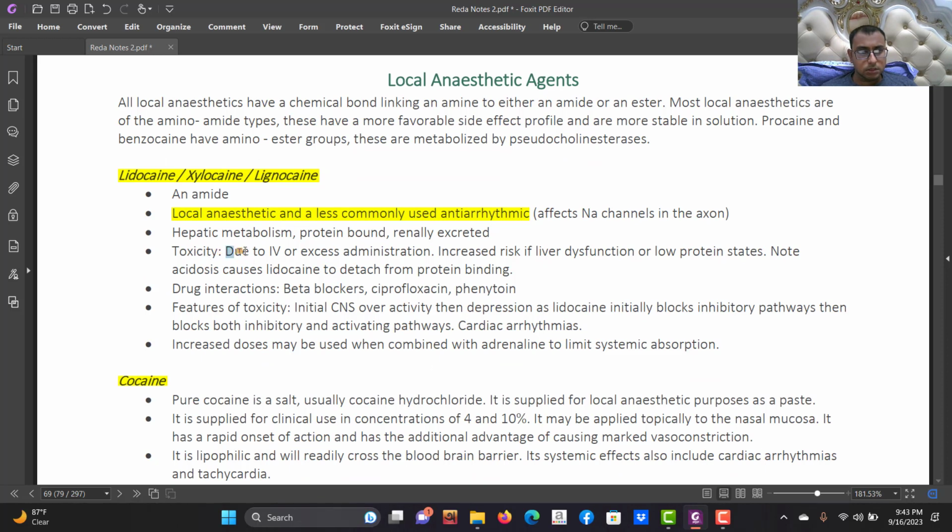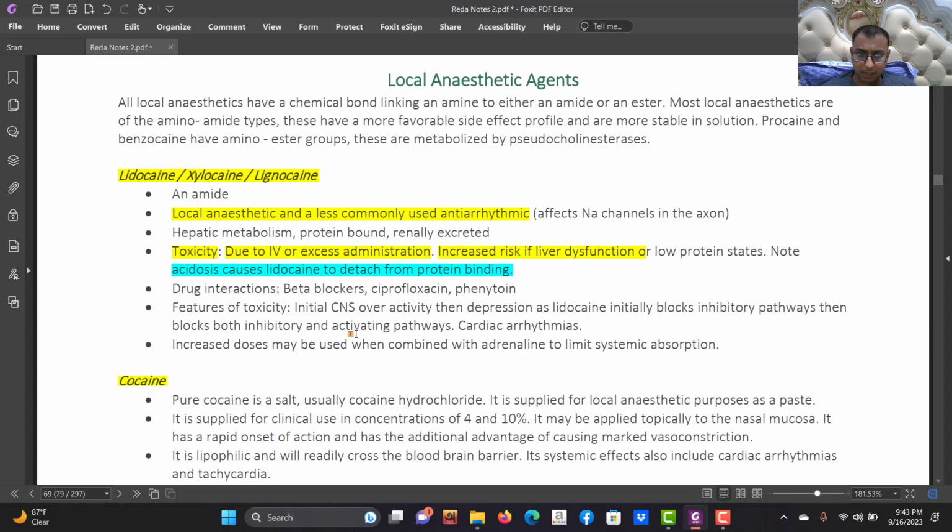Because of toxicity, we don't use it intravenously, which increases the risk with liver dysfunction. Note that acidosis detaches lidocaine from protein binding, which is why it is not used IV but to infiltrate the tissue.